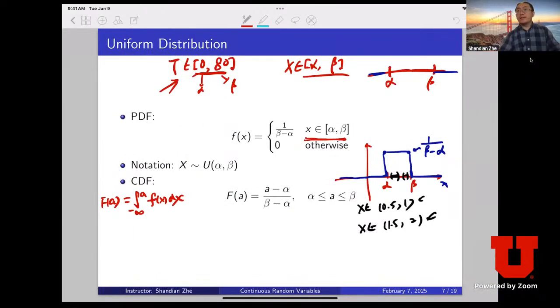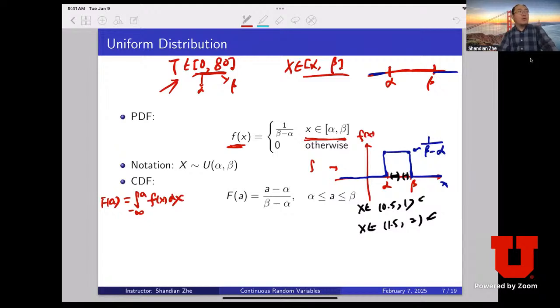So now we just apply this. We see this f of x is a step piecewise function. So when we do this integration, we need to consider how we choose a. Now I'm going to integrate f from minus infinity to a given point a.